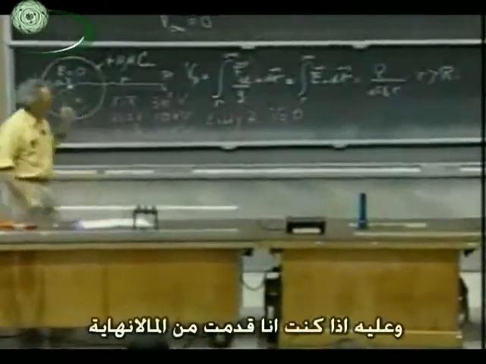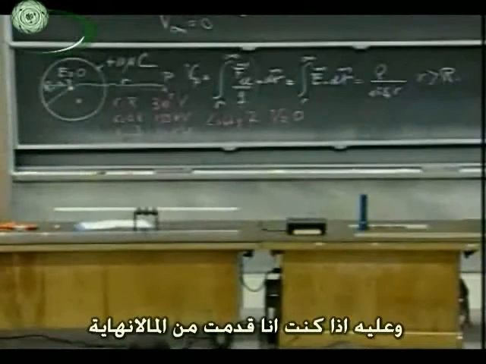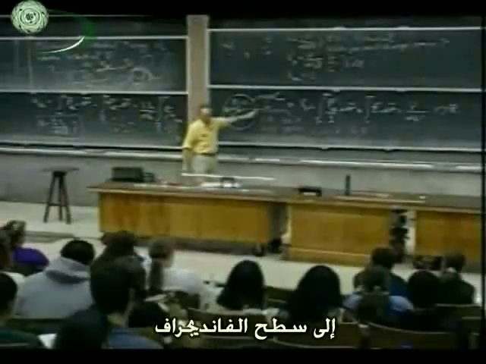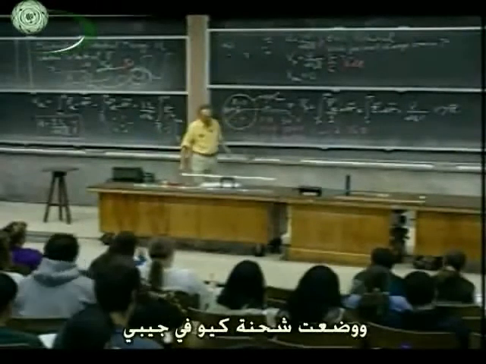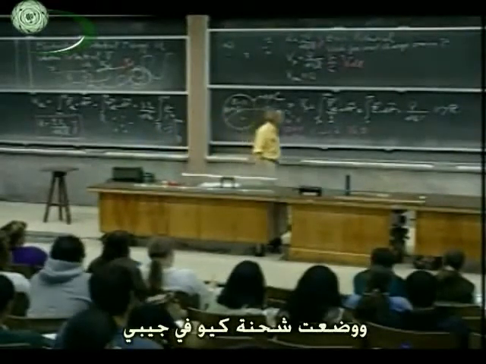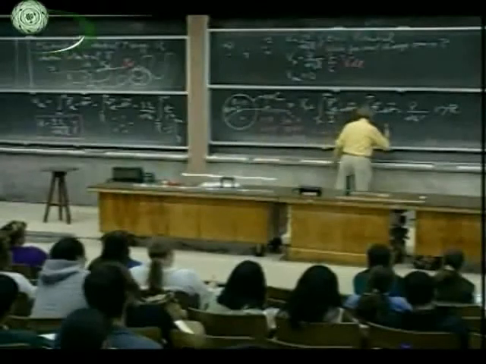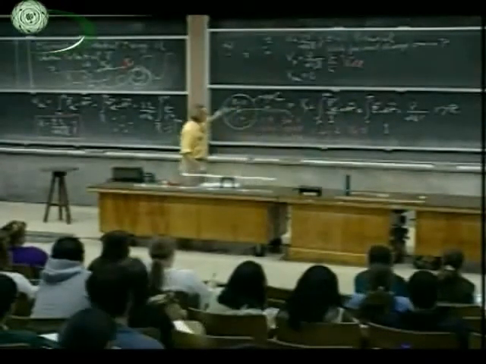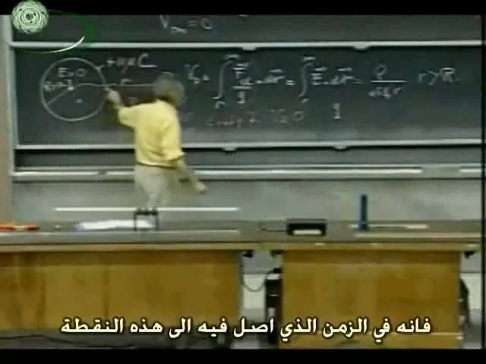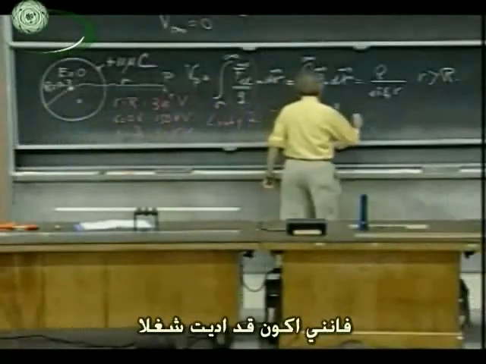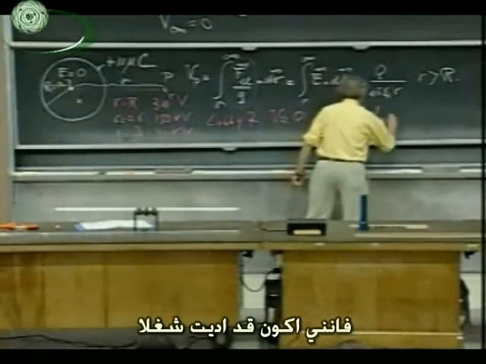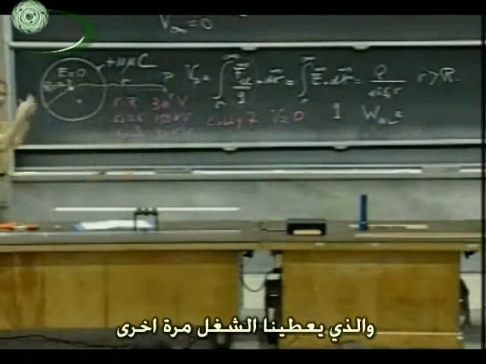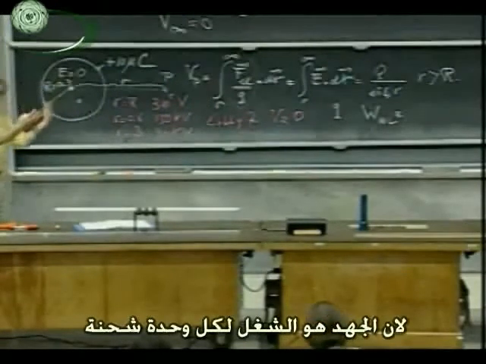So if I, Walter Lewin, march from infinity to this surface of the Van de Graaff, and I put a charge Q in my pocket, and I march to the Van de Graaff, by the time I reach that point, I have done work. I multiply the charge now by the potential. That gives work again, because potential was work per unit charge.